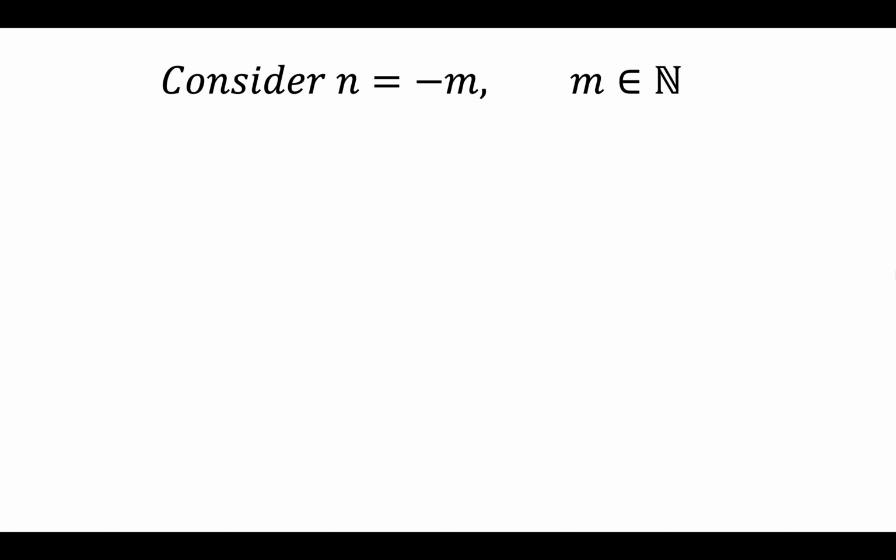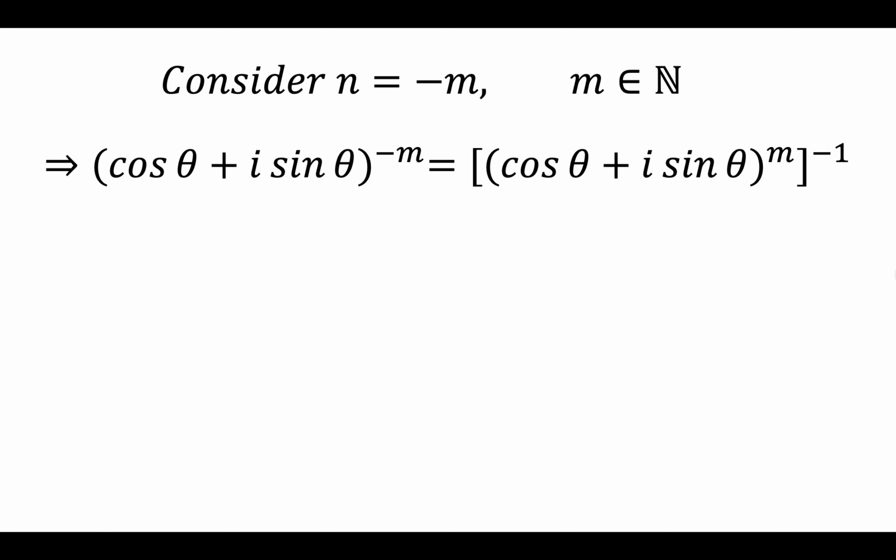Now, if we consider n is equal to minus m, where m is a positive integer, then we can say that cos theta plus i sine theta to the minus m is equal to cos theta plus i sine theta to the m and then to the minus 1. And so for the inside of these square brackets, we can just use our proof for positive integers that we did earlier to say that we have cos of m theta plus i sine of m theta all to the minus 1.